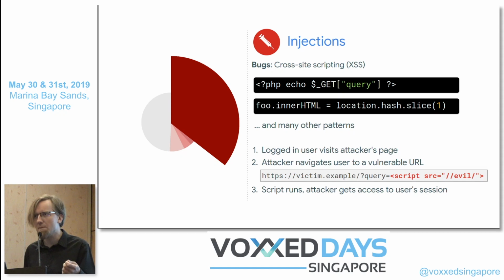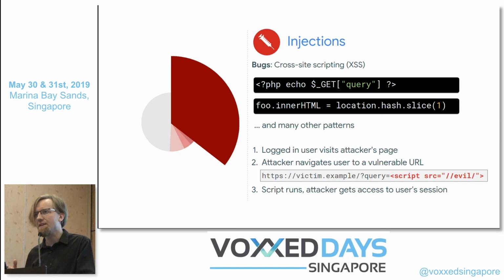It's a bit of HTML that will get injected into the context of your application in your user's browser. And when the user's browser renders that bit of HTML, it will think that this is a script coming from your application. And that script will get full access to all the data that the user has in your app. So it will be able to read your cookies, your local storage.